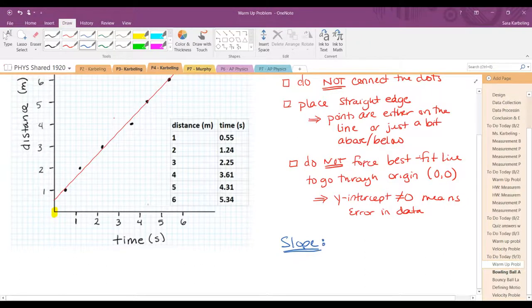What letter do we use for slope? M. Yep. And how does one find the slope of a line? Rise over run. Yes. Yes.